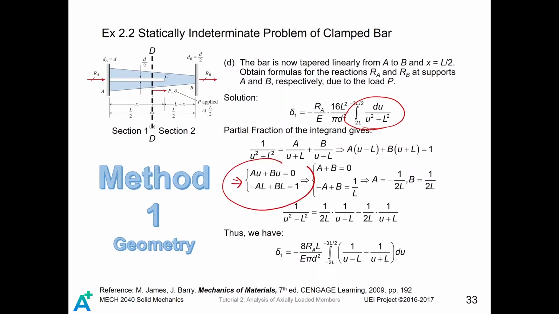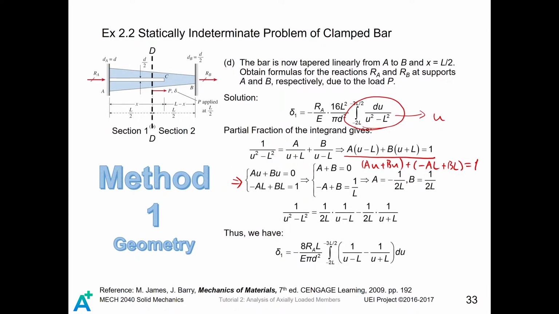How can we get this system? To get the system, we first consider this equation. We expand it to be au plus bu plus minus aL plus bL equals 1. That is, since u is the unknown of this integral, we sort all the terms with u and all the terms without u, such that we can write these equations.